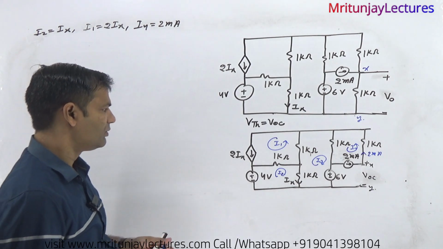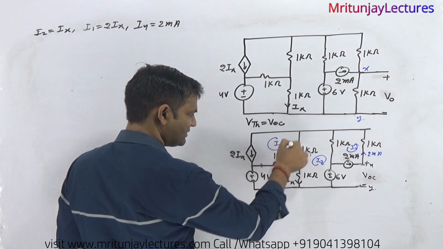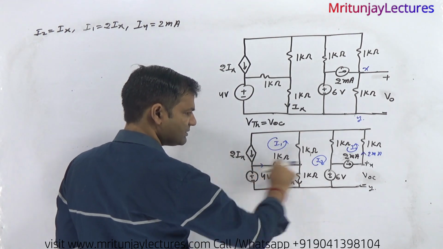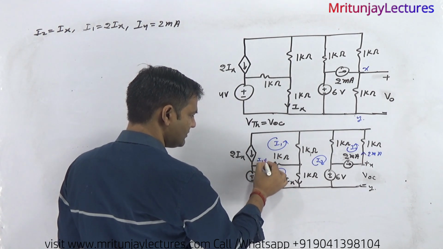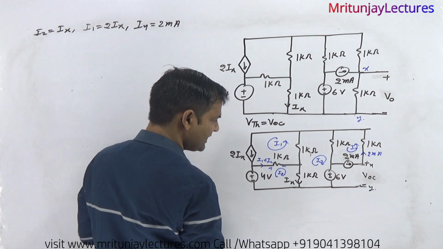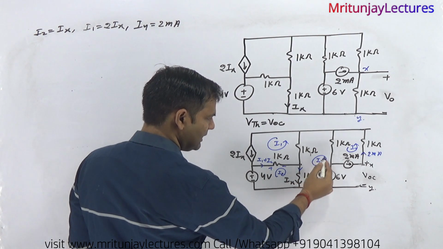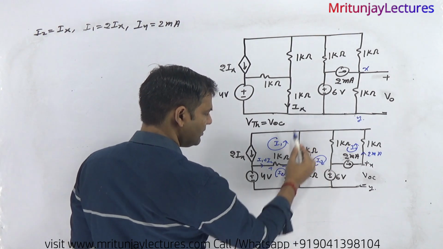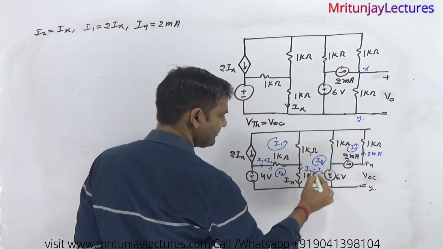First of all, what about the branch currents? Both current directions like this one are the same, so the branch current is I1 plus I2, so plus minus. Clear? Now here I3 direction is upward and I2 direction is downward, so here I2 minus I3.